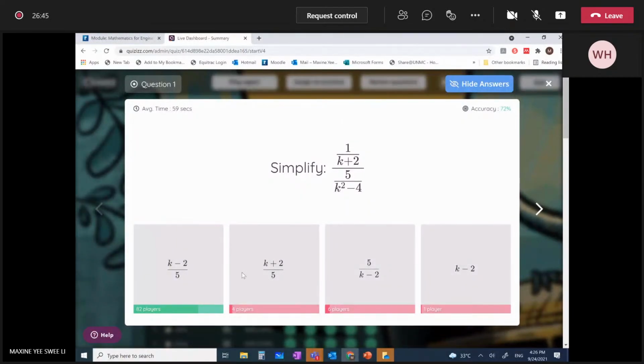Most of you got this first one correct. Some of you may have made a mistake with the reciprocal. You take 1 over k plus 2 and multiply by the reciprocal of 5 over k squared minus 4.